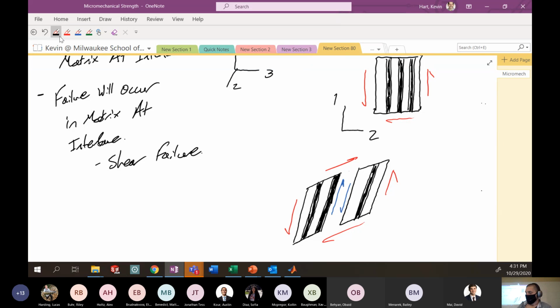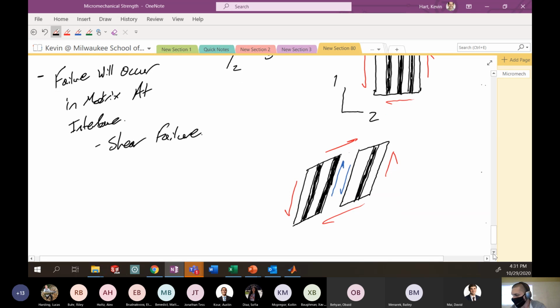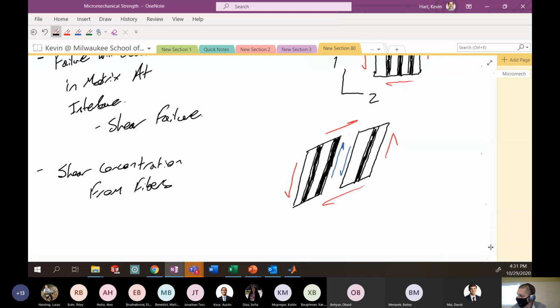You end up with a shear concentration between the matrix and the fibers. It's a little bit difficult to draw, but we'll just say here there's a shear concentration from fibers. It's a little like the stress concentration you have in the 2-3 direction when you load that way.